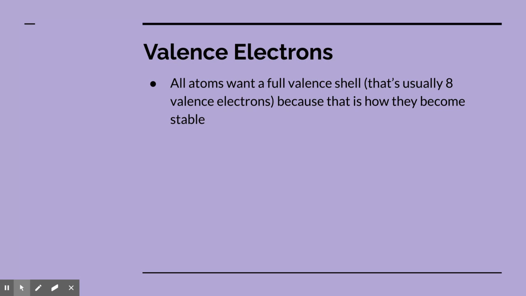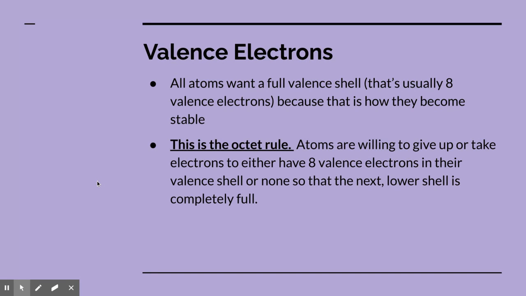It would be super satisfied with 8. It would also be satisfied with 18, don't get me wrong. But realistically speaking, it's going to want 8 because it's going to be way easier. So all atoms want a full valence shell. That's usually 8 valence electrons, because this is how it becomes stable.